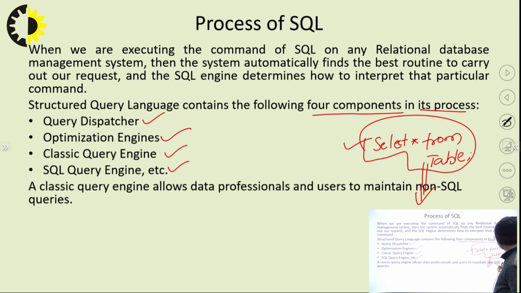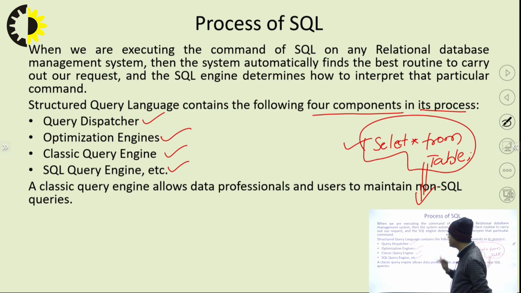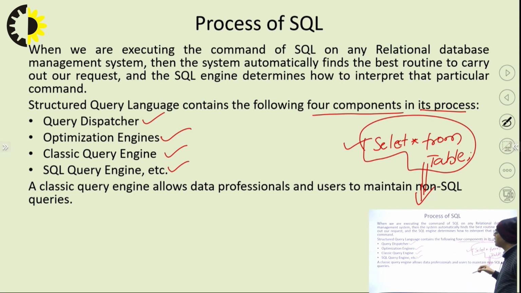There is the involvement of 4 components: the query dispatcher, then the optimization engine, classic query engine, and SQL query engine. These are the steps involved in the processing of a particular query.